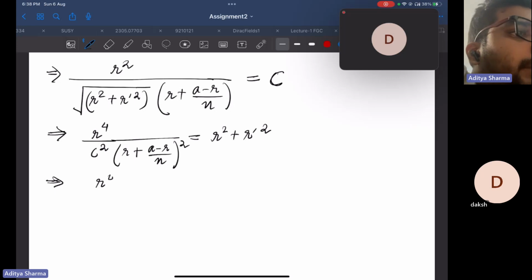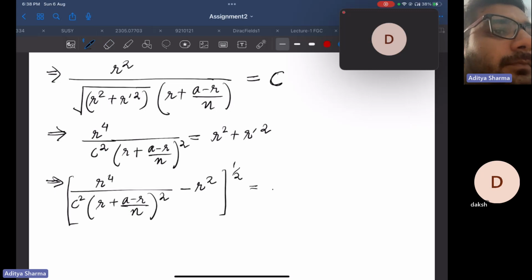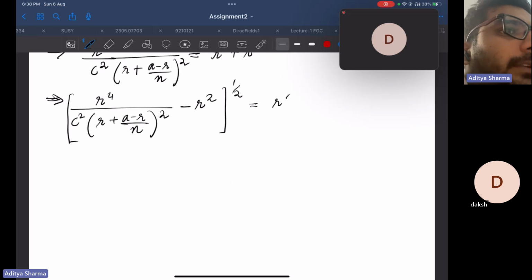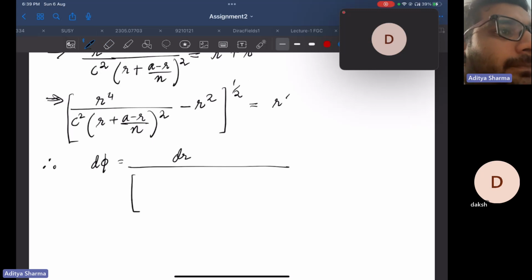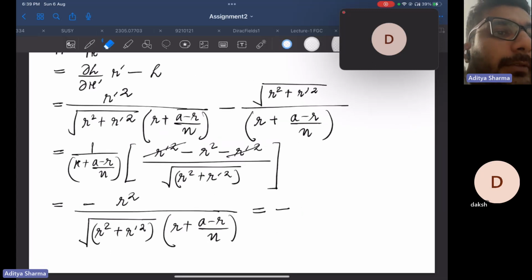So, first one, four, therefore, you have to solve the equation d phi by dr prime. Let me name this constant as k, because c is already used.